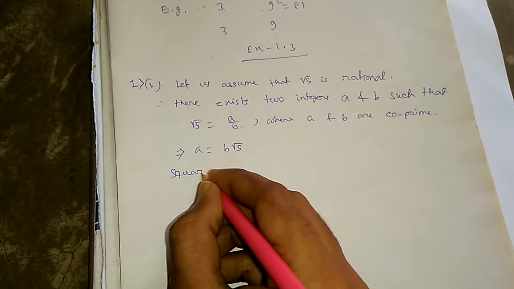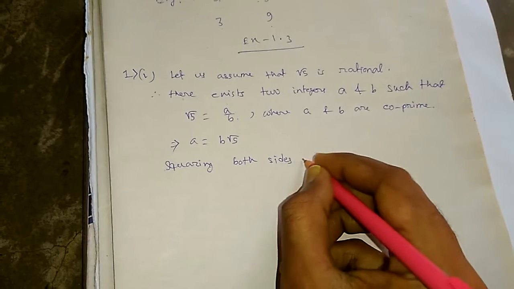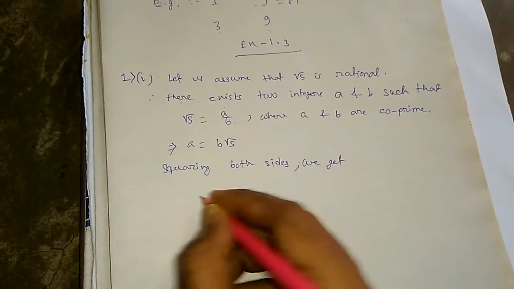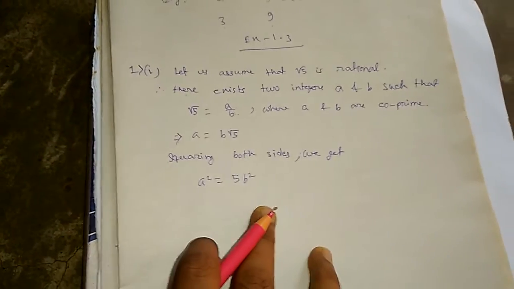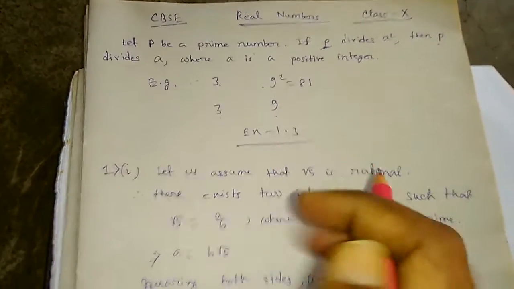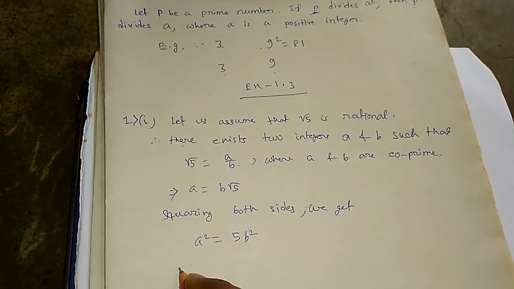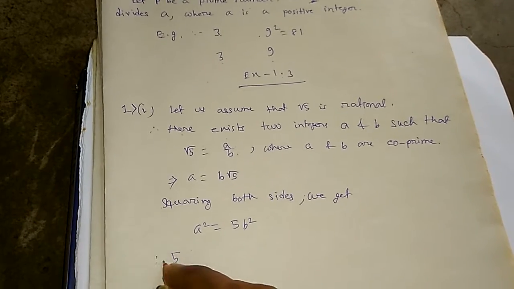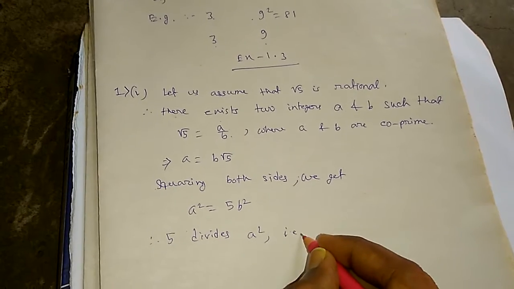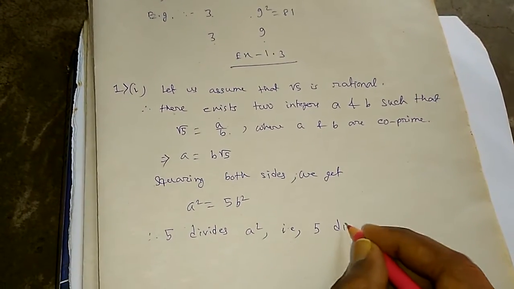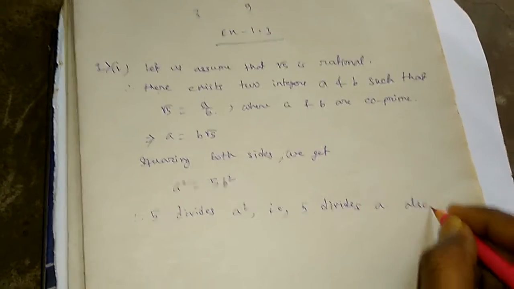Squaring both sides, we get a square equal to 5b square. Now we can apply this previous rule which I have written. So now can I say 5 divides a square, therefore 5 divides a also.